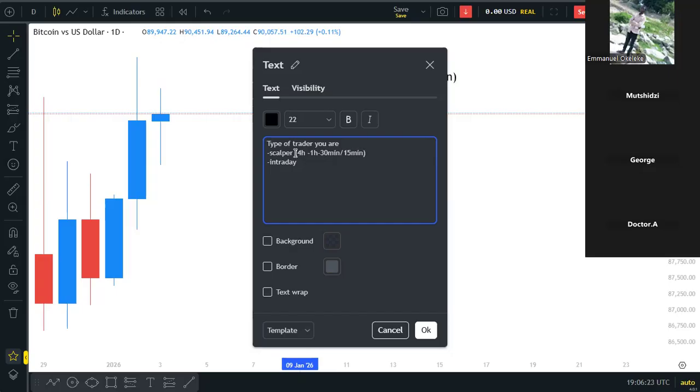As an intraday trader, you start your analysis from 1D down to 4H down to 1 hour slash 30 minutes for entry. So these are the things you map out as an intraday trader and as a scalper.